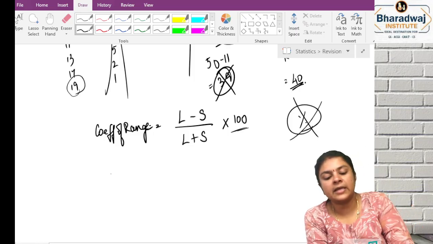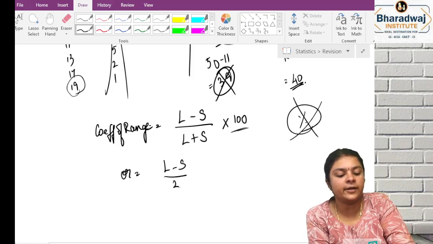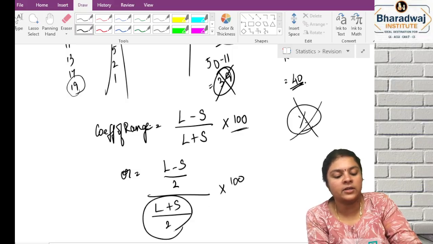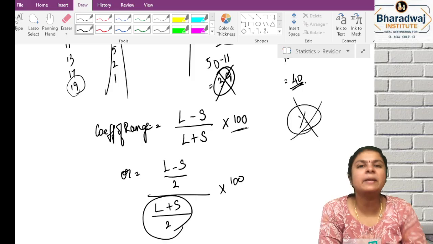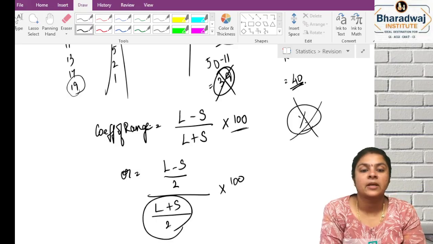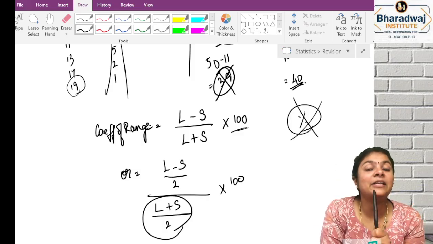This can also be written as L minus S divided by 2, divided by L plus S divided by 2, into 100. Now, what is this L plus S divided by 2? Similar to arithmetic mean, but not exactly the same, because arithmetic mean will consider all the values and not just the largest and smallest value.